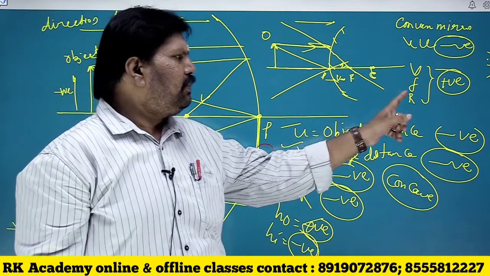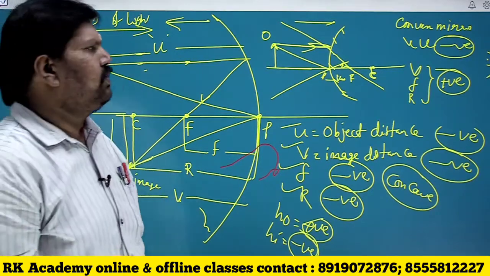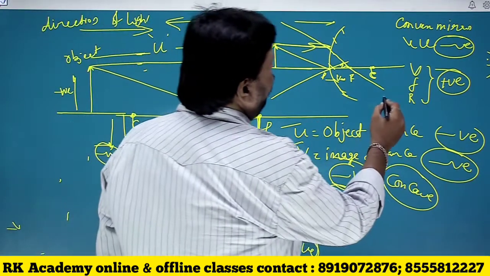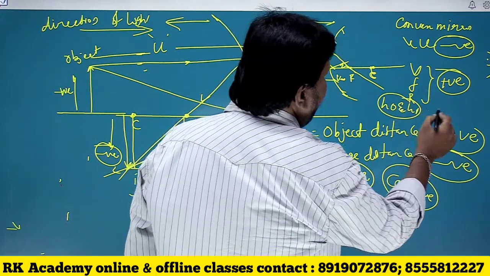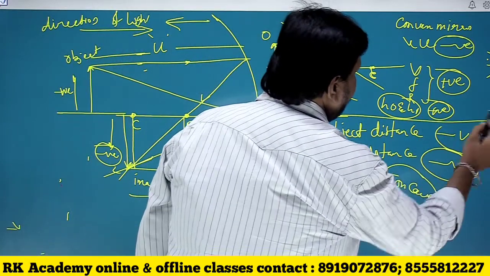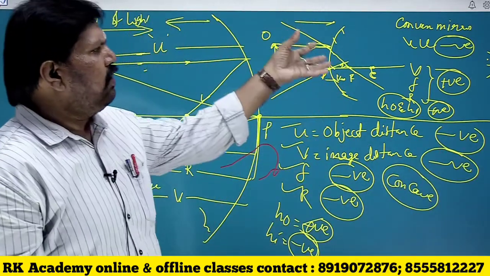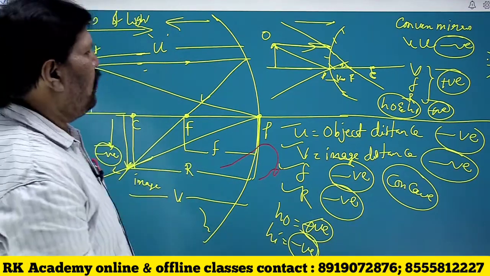Even height of object and height of image, both will be taken as positive. This is for convex mirror and this is for concave mirror.